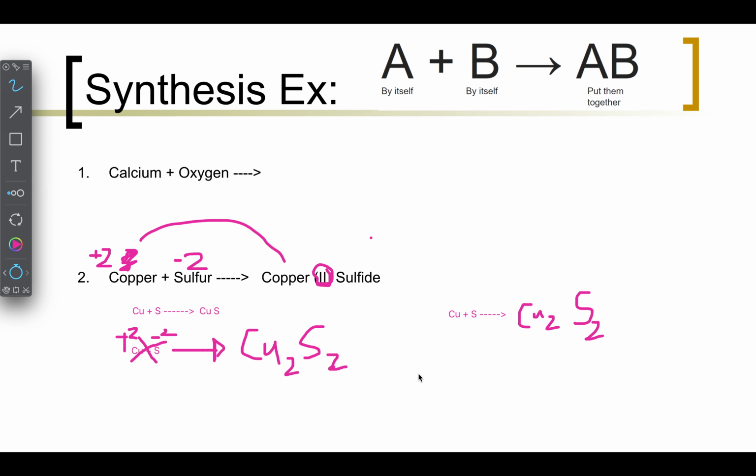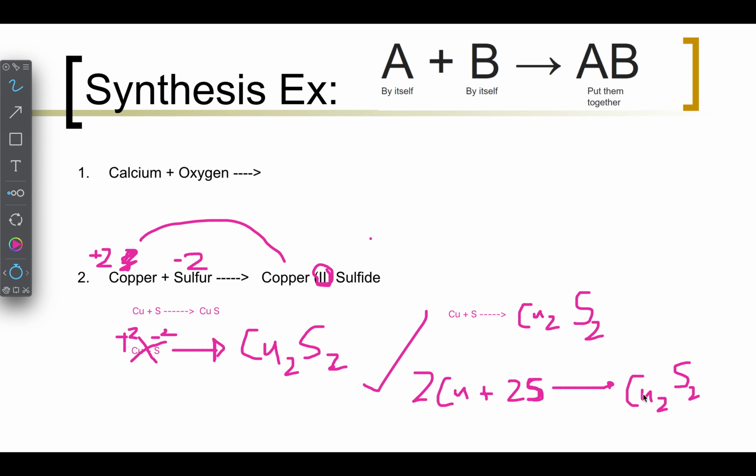So the final equation when you balance it would be 2 Cu plus 2 sulfur turns into Cu2S2. So that is our final equation.